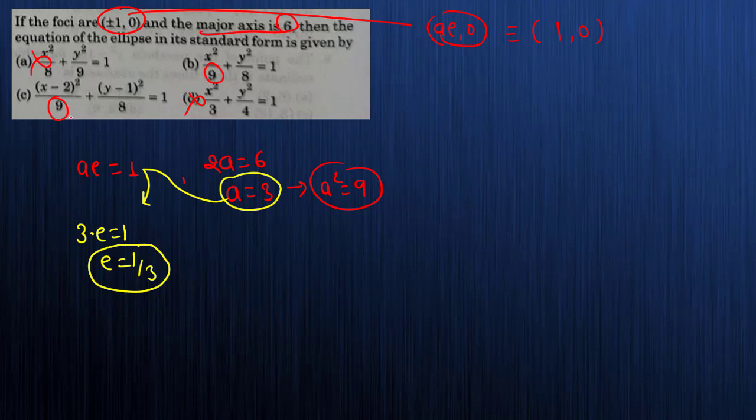But the difference between these two options is that this is a shifted ellipse, because its vertex is at 2, 1. If the vertex is at 2, 1 or at non-zero, then your foci coordinates should not be like this. If your foci are lying on the x-axis, say 1, 0 and minus 1, 0, then your vertex should also lie on the x-axis only.